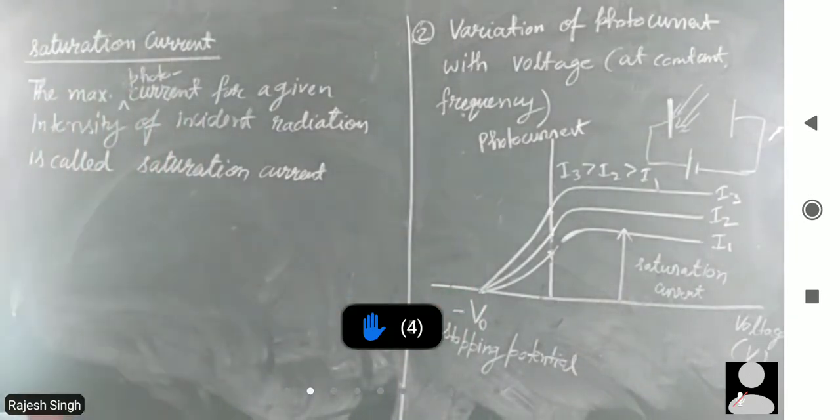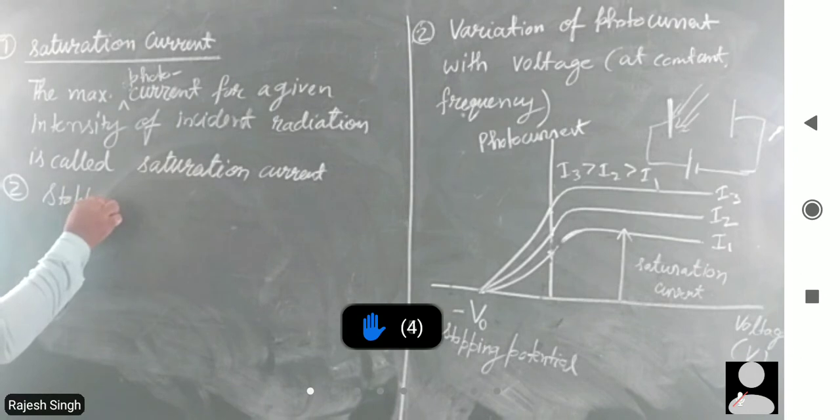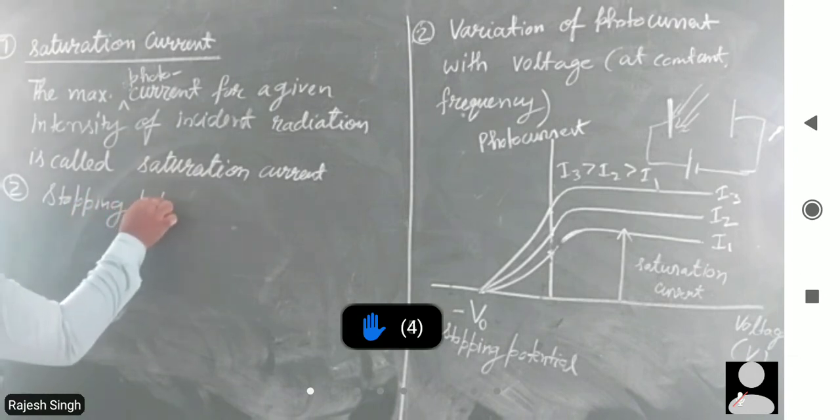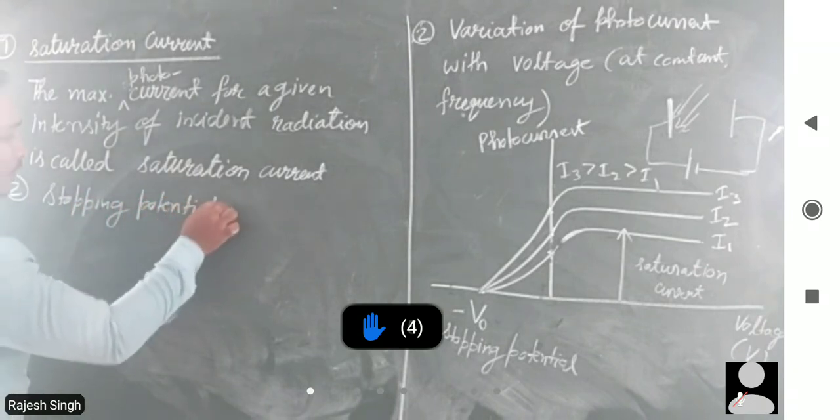The second definition is very important: stopping potential. How do we define it?